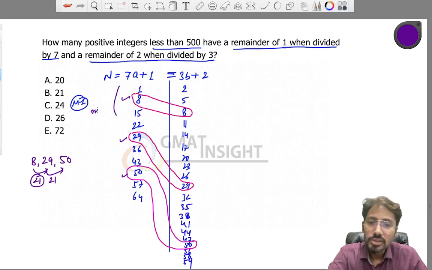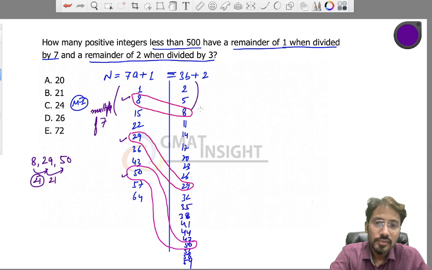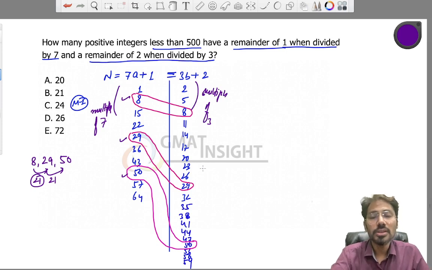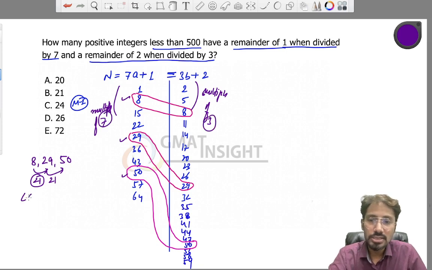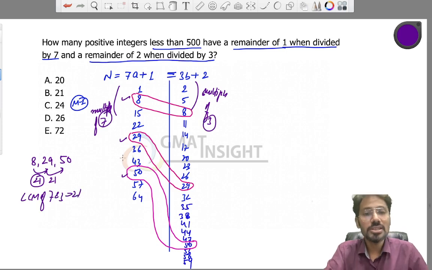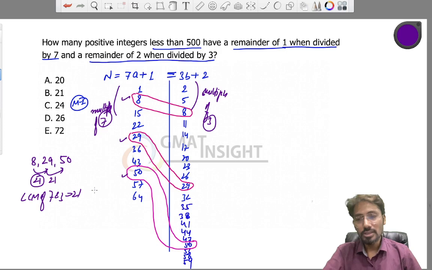So the numbers that are common will be at a gap that is a multiple of 7 as well as 3, and we see that the LCM of 7 and 3 is equal to 21. That's the reason why this is this kind of a series.